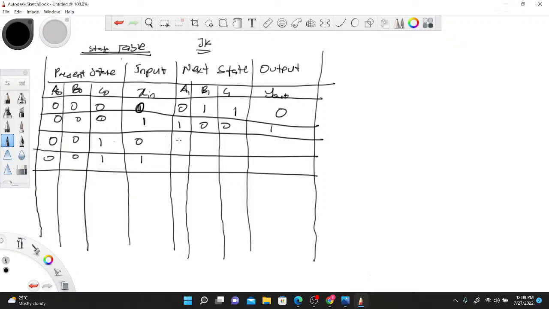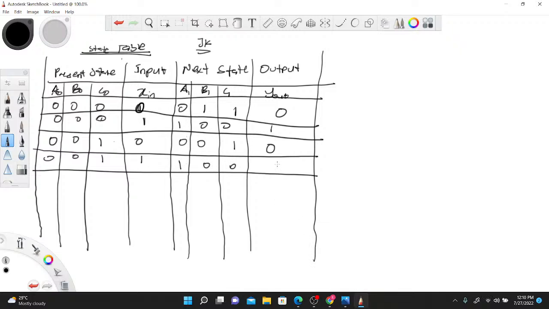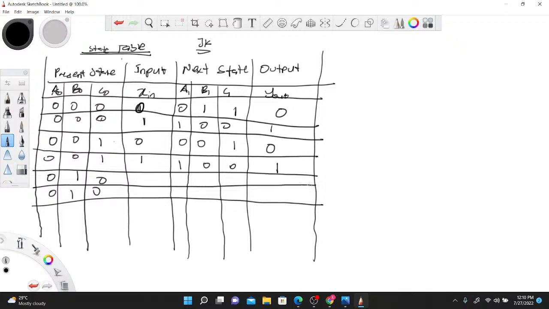So you have it as 0 0 1 0. Let me see if there are any questions. No, none so far. Then 1 0 0 1. You understand? Now you have 0 1 0 0 1 0. This is the third one out of the 5 different states that we have in our system.